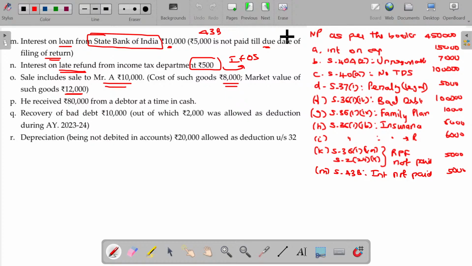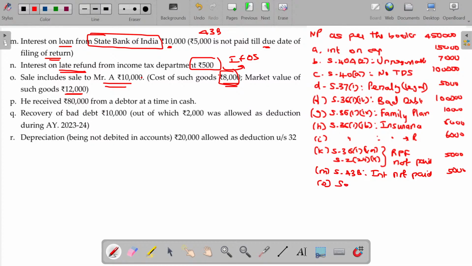At what value do you have to record? Only at cost, 8,000 rupees. But it is shown as 10,000, which is not required. You cannot make a profit by trading with yourself as per the income tax provision. So you have to consider only 8,000. The excess 2,000 should be removed. If you remove 2,000 rupees from the sales value, your profit will also decrease. So you have to do minus here.